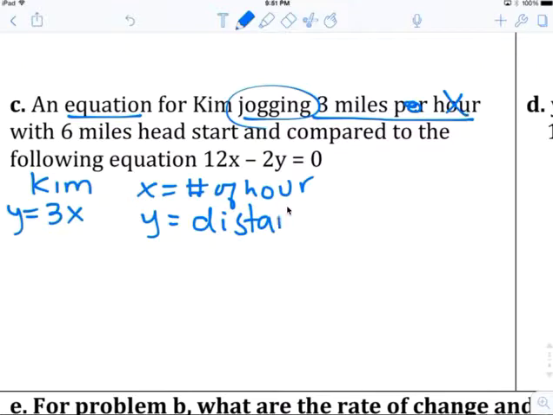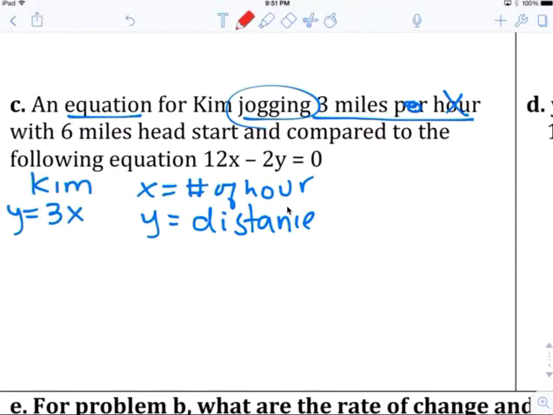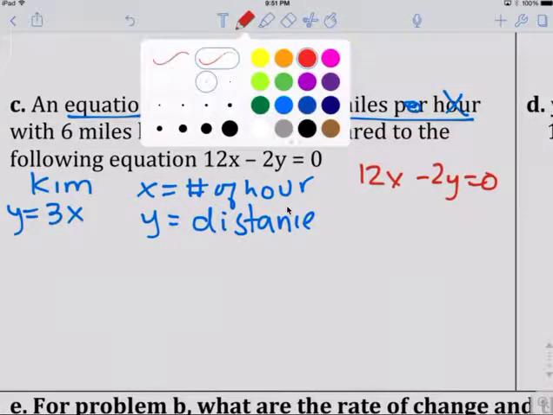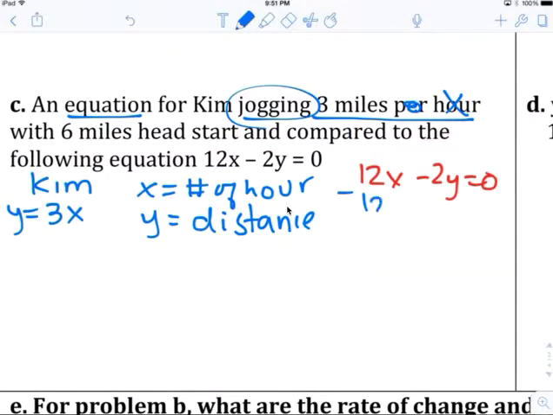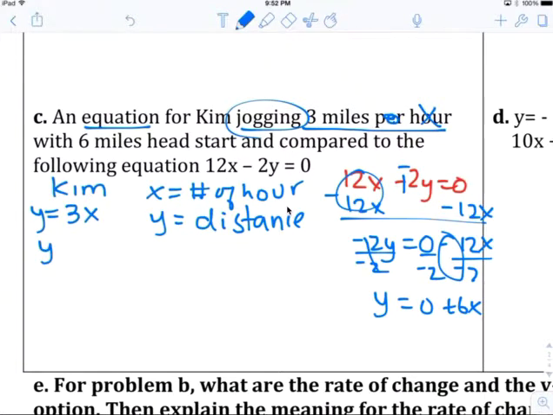It's how far he's jogging. Compare that to this other person. 12x minus 2y equals 0. You can solve this to slope-intercept form. Minus 12x, minus 12x. Okay, 0. You get negative 2y equals 0 minus 12x. Divide by negative 2. Y equals 0, and this becomes a positive 6x. Okay, y equals 6x.